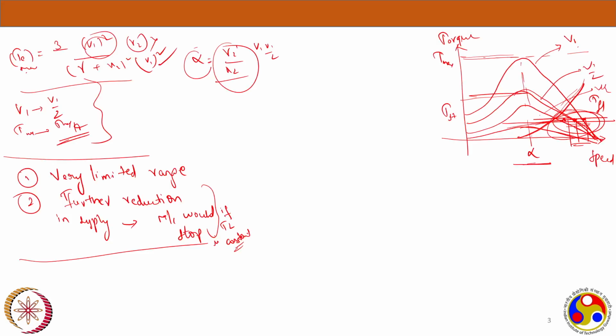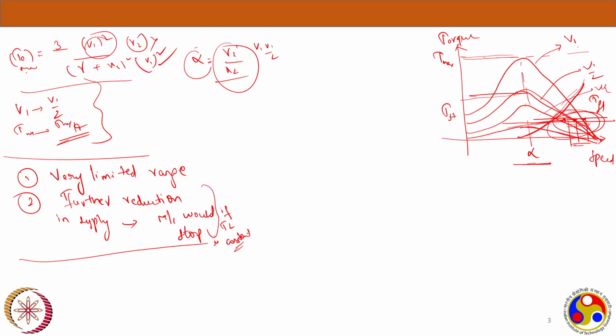These are earlier methods we have discussed: adding external rotor resistance to the circuit and also reduction of the voltage supply. But we have not discussed them in the context of speed control. The reason we inserted rotor resistance is to keep the maximum torque constant but improve the starting torque.